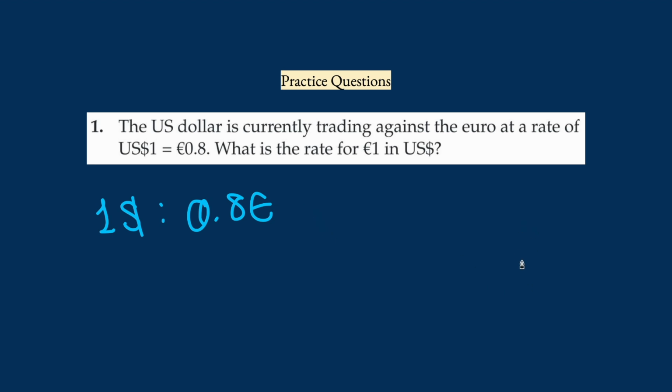Well, if you take any basic level of math, you know that x divided by x equals 1. Any value divided by itself equals 1. Therefore, if we divide 0.80 euros by 0.80 euros, that will make it equal to 1.